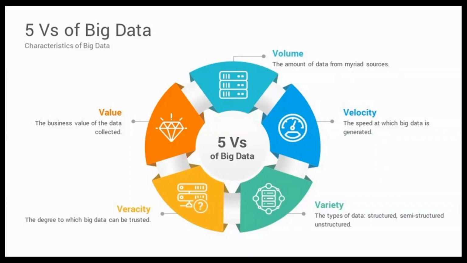Whatever the volume, velocity, and variety, veracity is another characteristic of big data. It is the degree to which big data can be trusted, how much it can be trusted. Say, for example, we can't consider all the data for processing. We need to know whether it is trusted data or not.